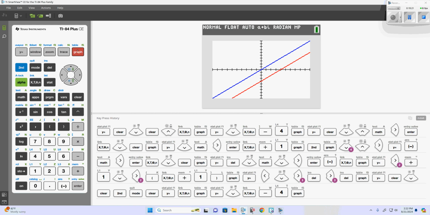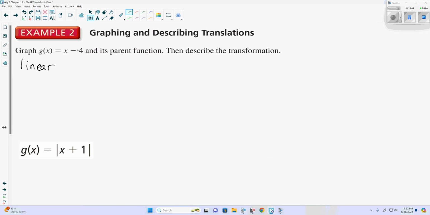It moves 4 spots. Which direction did it move 4? Kind of right or down, one of the two, yes? We'll say down, because it is moving down 4, because it started at 0, 0, and it's now at 0, 4. It was at 4, 4, now it's at 4, 0. So its transformation is down 4. Its parent function is linear, and it moved down 4.